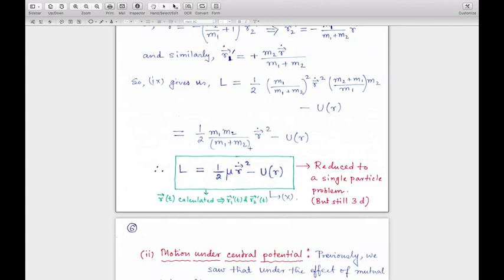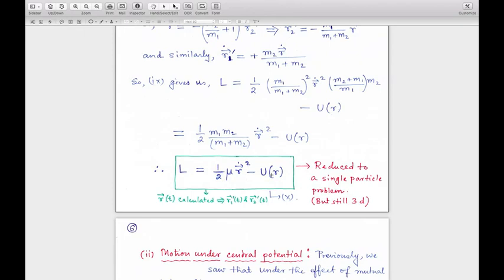Now, using this Lagrangian, you know that this looks like a particle moving under a conservative potential. So you can easily see that there will be an integral of motion, which should look like half mu r dot vector square plus U of r, right?